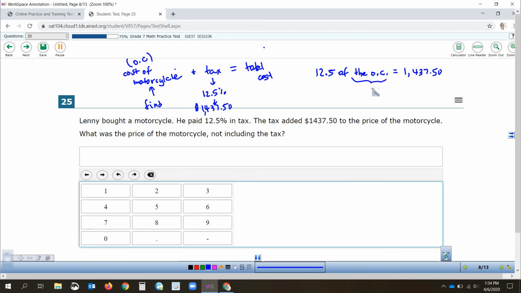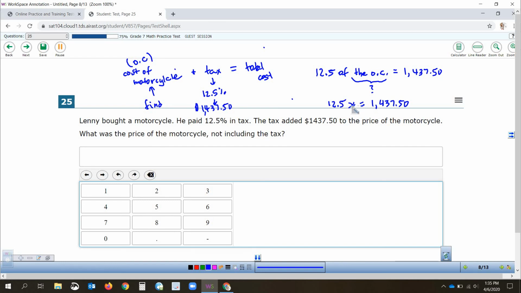But what is that original cost? We don't know what it is, right? But it would be 12.5, and I'm going to call it X. So 12.5 times what we don't know is $1,437.50.